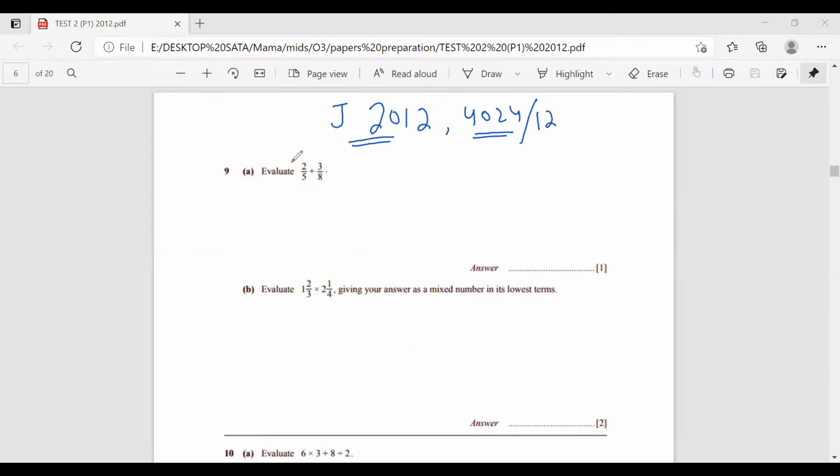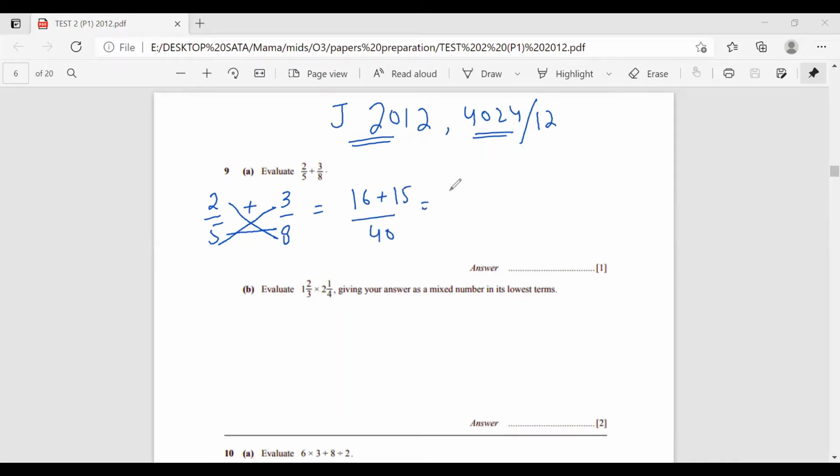Question number 9, evaluate 2 upon 5 plus 3 upon 8. That means simply you have to take the LCM. There are some students who are not too confident how to take the LCM, or they make some kind of mistake in finding it. The simplest method is to multiply this denominator by the numerator and this denominator by this numerator, and multiply both the denominators like this. 8 times 2 is 16 plus 5 times 3 is 15 upon 8 times 5 is 40.